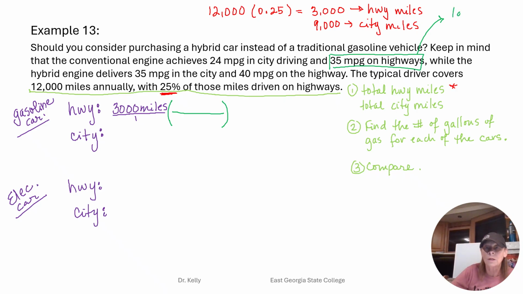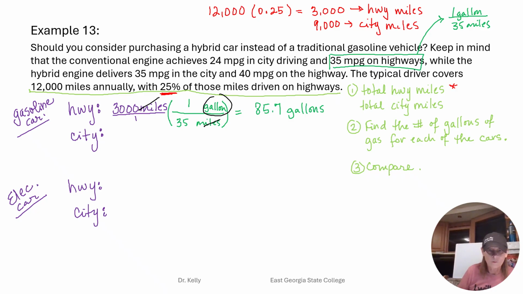So that means 1 gallon over 35 miles. That's how we have to set that guy up, right? We need miles to be on the bottom. We need gallons to be on top. And then we need to look here and see that it is 1 gallon to 35 miles. And then when we finish this math up here, we get 85.7 gallons.